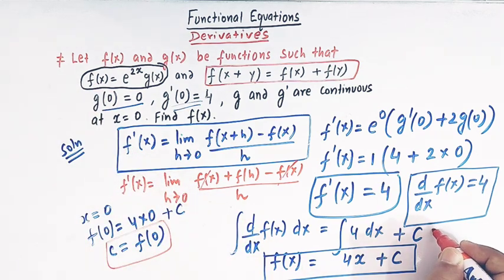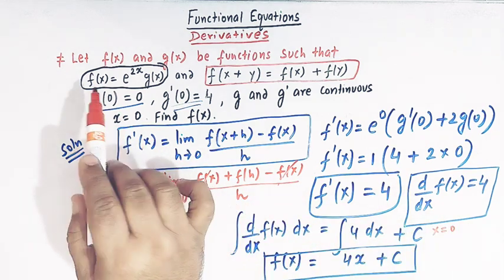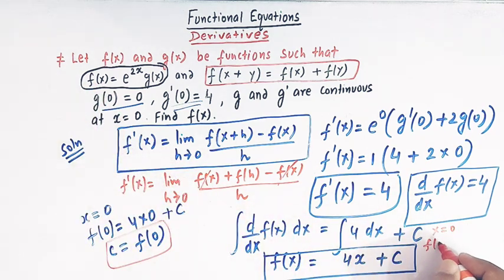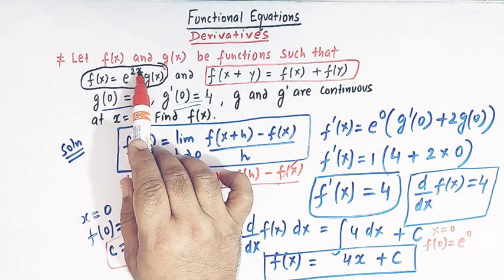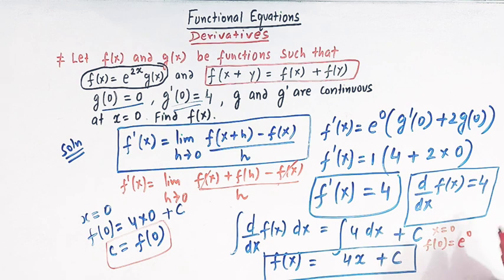So see, for x is equal to 0, here we have f of 0, and we have e raised to 0, because taking x is equal to 0, 2 times 0 is 0, and here we have g of 0, right? E raised to 0 is 1, g of 0 is 0, so here we have 1 times 0 is 0.